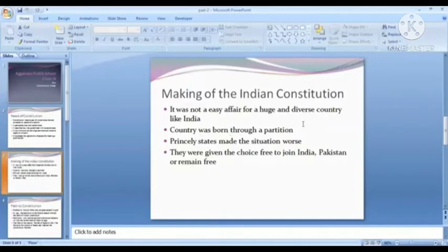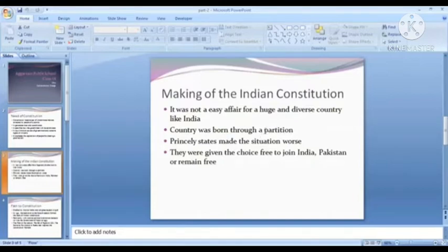Second, country was born through a partition. Mean at the time of independence from the British rule, there was a partition of the country, and India was partitioned on the basis of religious differences. Mean a new country formed after the partition of India, that is Pakistan, on the basis of religion.